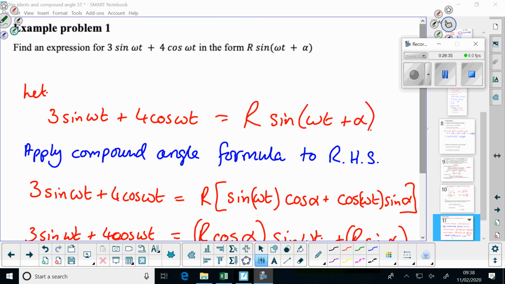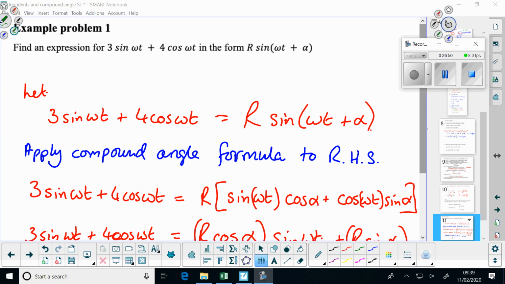Let's just sum up where we are here. What we've done is we've let the expression of a sine wave and a cosine wave equal the R sine omega t plus alpha form. We've applied the compound angle formula on the right hand side.